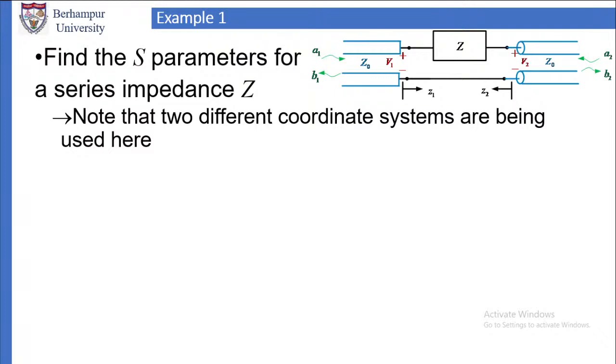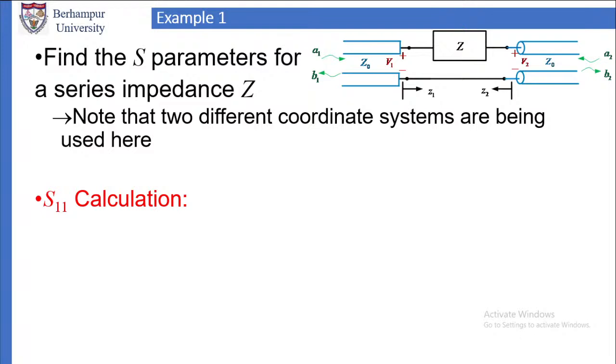So when you have such a configuration where you have two nodes, and to the two nodes we are connecting two transmission lines for giving you the ports, then you can always use two coordinate systems or three coordinate systems, even if it is two.